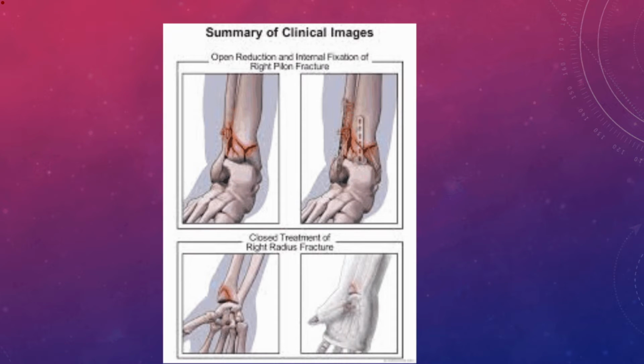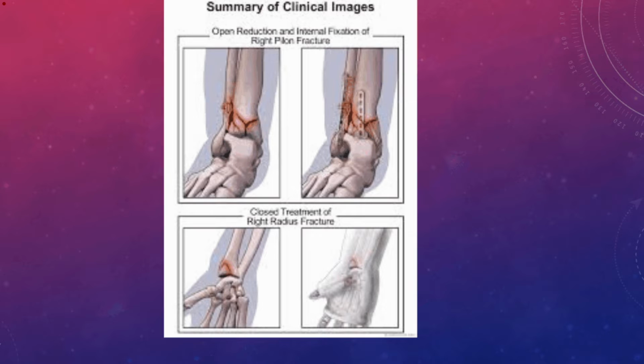And so they're showing that here. So this is an open reduction where we have some surgery going on. So you see plates and screws and stuff in there for that break. A closed reduction, the bone is not out of alignment. They just put a cast or something around there to keep it from moving and allow for healing.